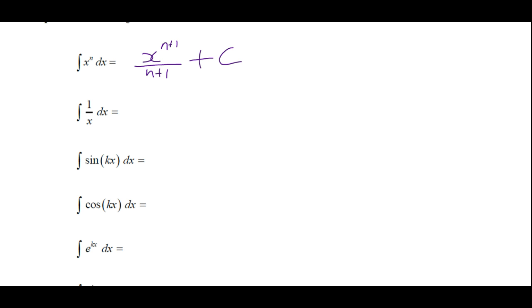The integral of 1 over x dx is ln of the absolute value. Why do we have to do absolute value? Well, because x could be negative here, but if you do it without, x could only be positive.